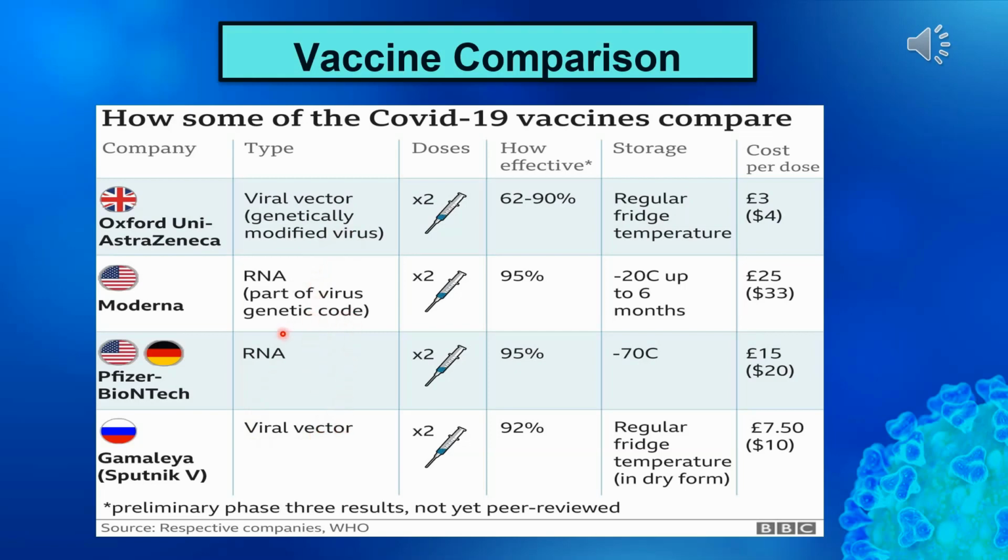Moderna and Pfizer-BioNTech are RNA vaccines, both having identical effectiveness. All these vaccines need 2 doses. Oxford AstraZeneca and Gamaleya or Sputnik V can be stored in a normal refrigerator. Moderna can be stored at -20 degrees centigrade for about 6 months. Pfizer-BioNTech can be stored at -70 degrees centigrade. Moderna is most costly, and AstraZeneca cheap.